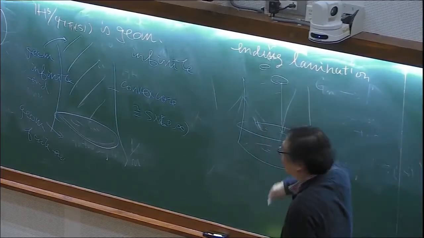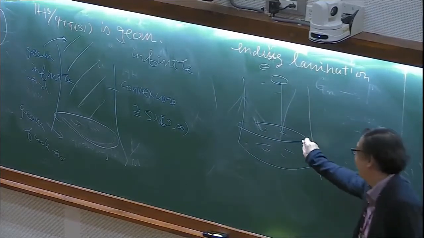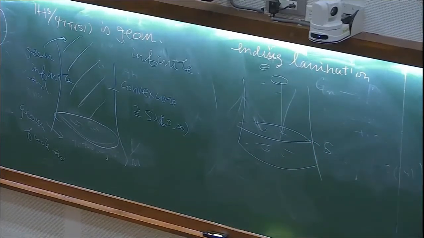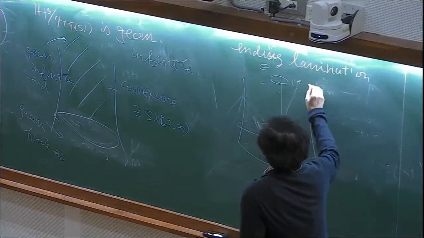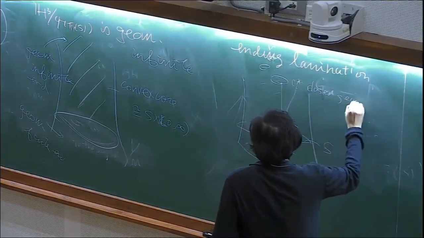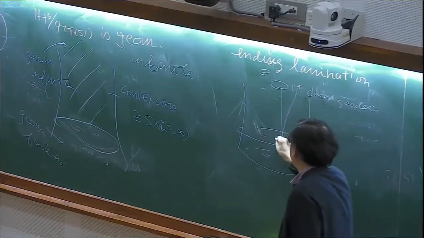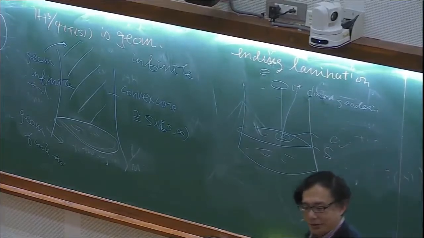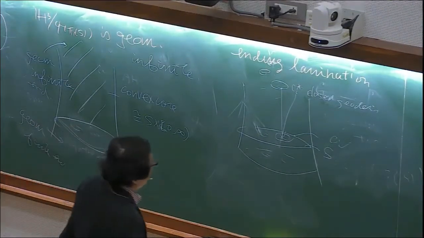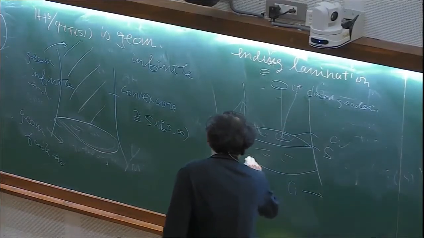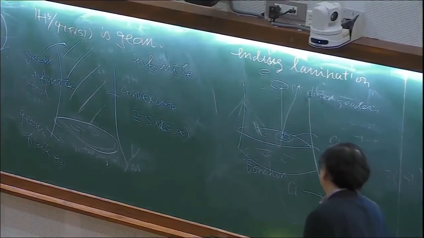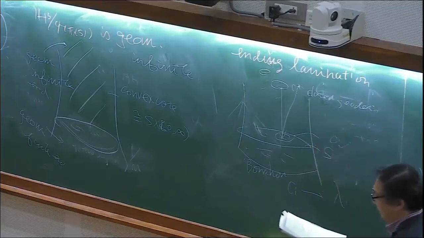You project it down to the surface S. Because it's S times R, you just project to the first factor, and you get some closed curve on S. So you have a sequence of closed geodesics going to the end, and by projecting to S, you get a sequence of closed curves C_i on S. What you can show, and this is Bonahon's argument, is that this C_i converges to a measured lamination.